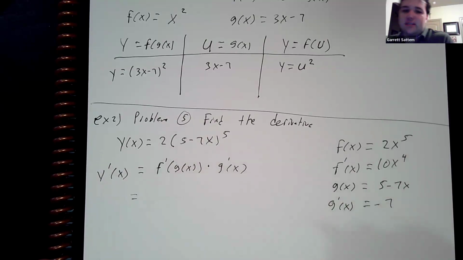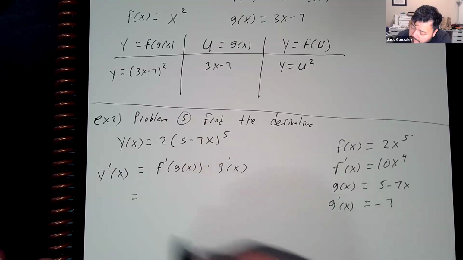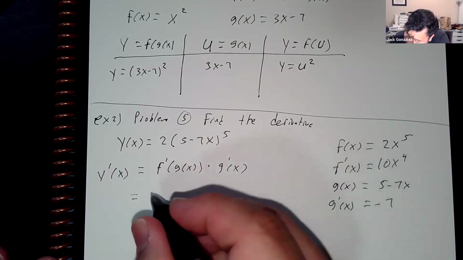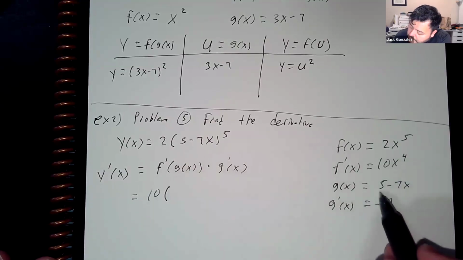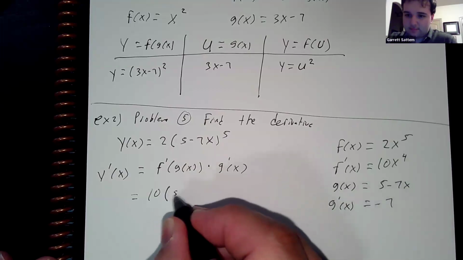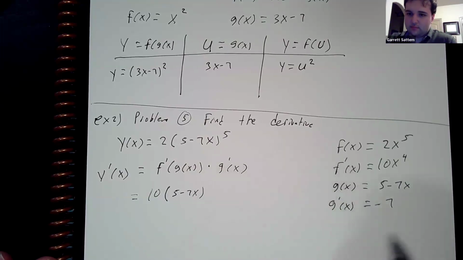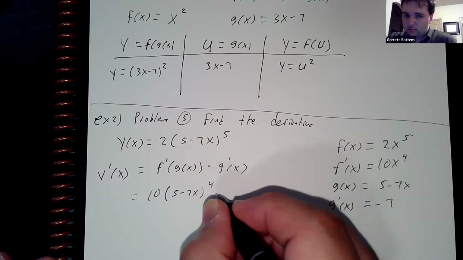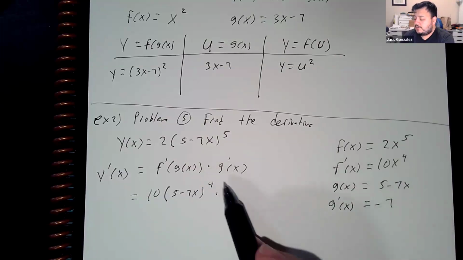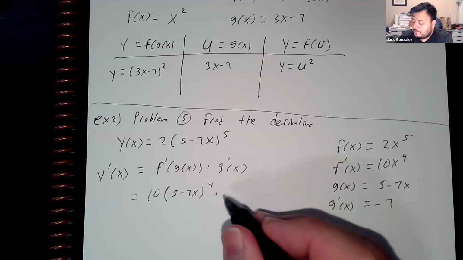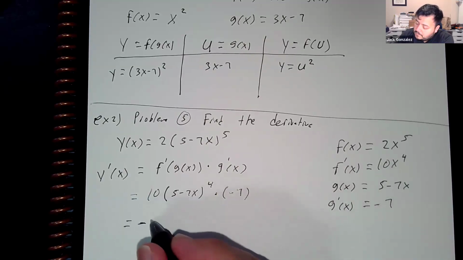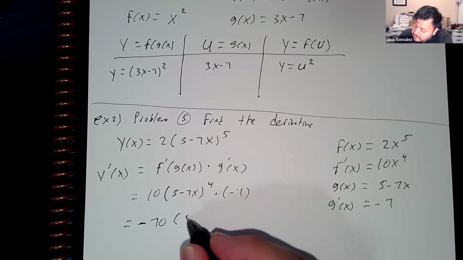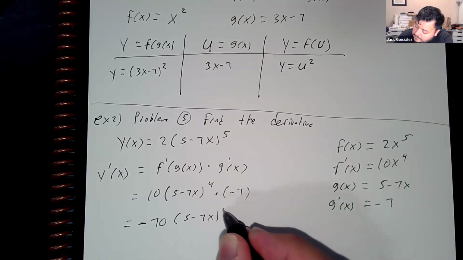Oh, I got distracted. Sorry. No, you almost had it. I think I saw the wheels turning there. So it would be instead of 7, you meant this one, right? Yes. Okay, now times g prime. So that's just -7 times 10 times (5 minus 7x) to the 4th.